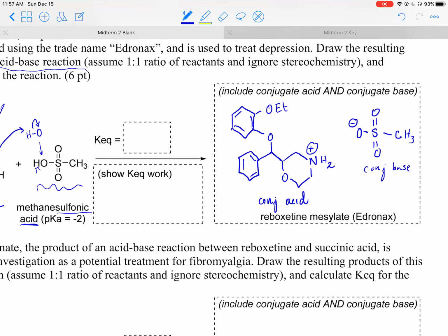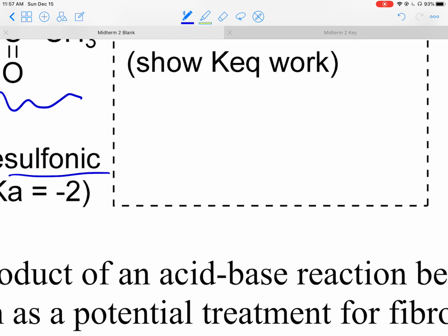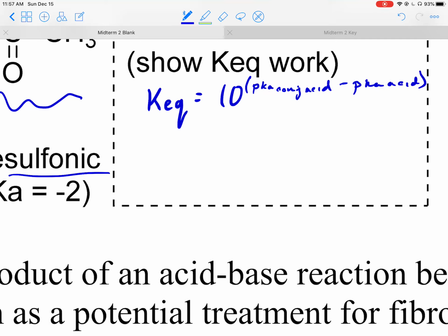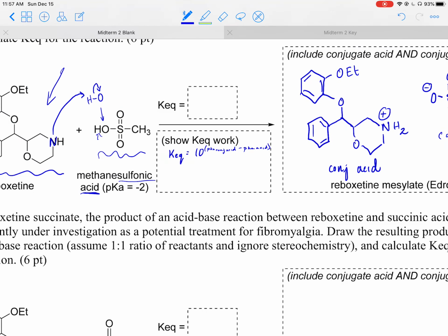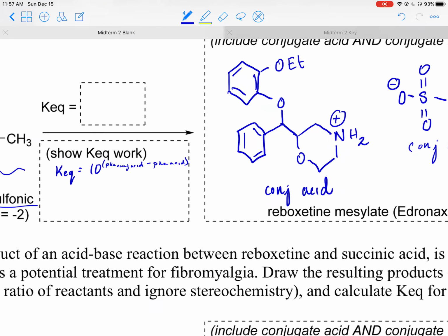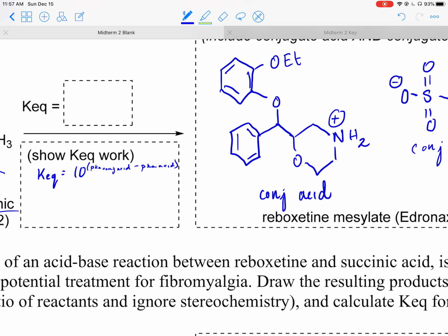So to figure out KEQ, KEQ equals 10 to the pKa of conjugate acid minus pKa of acid. Okay, so the conjugate acid here is this ammonium group.